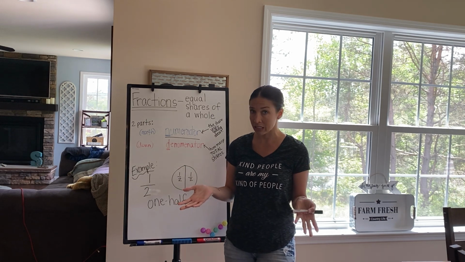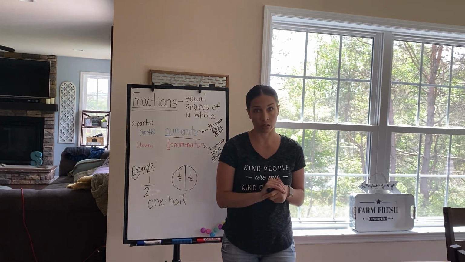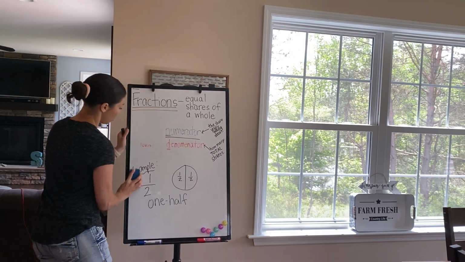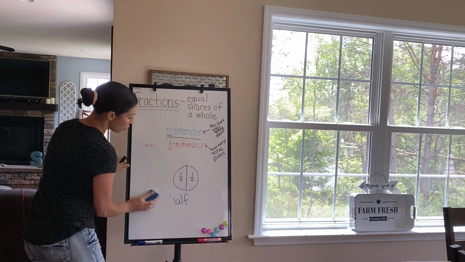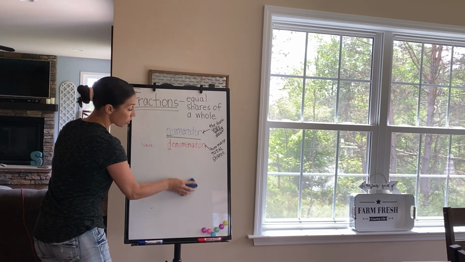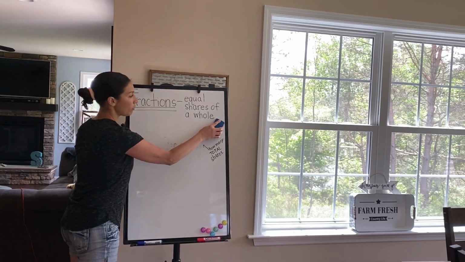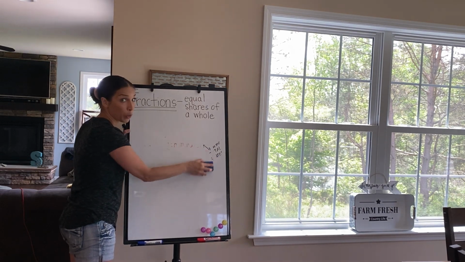Now I'm gonna show you some other examples too, not just with this circle. I'm gonna do some erasing really quick, because I wanna show you how you could do fractional parts, not just of a circle. Now, last week, Miss Goloszewski did a lot of different shapes with you.